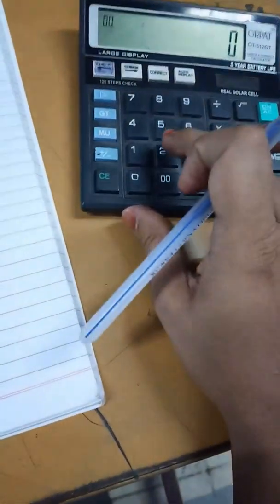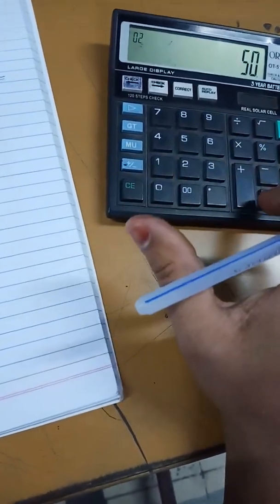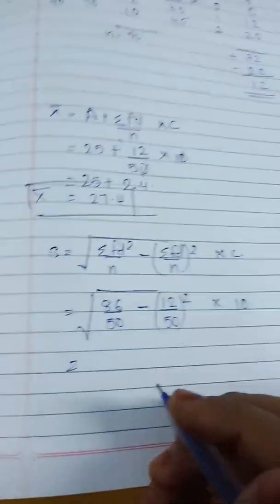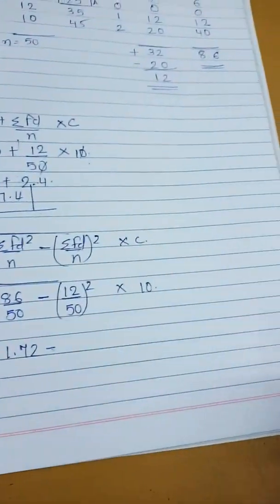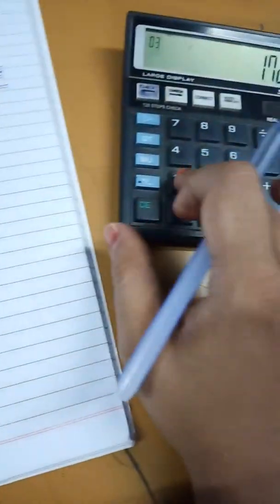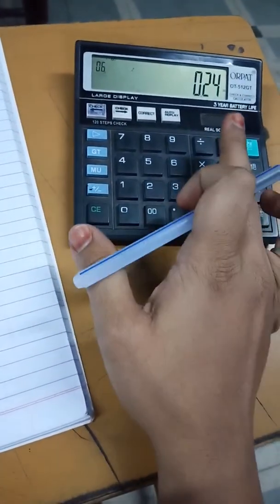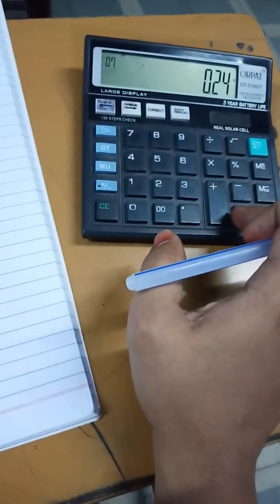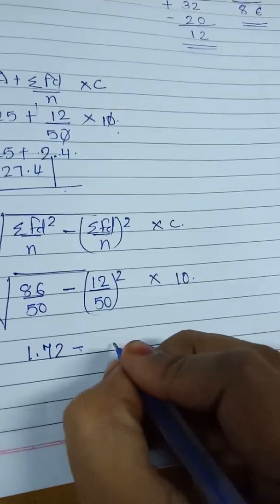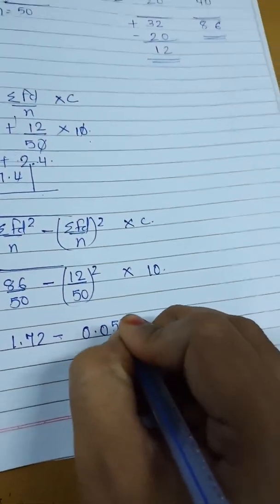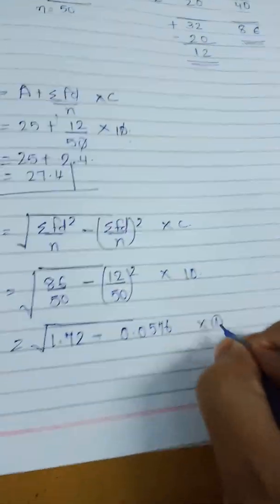So here 86 divided by 50 comes to 1.72, minus 12 divided by 50, that is 0.24, squared it is 0.0576.